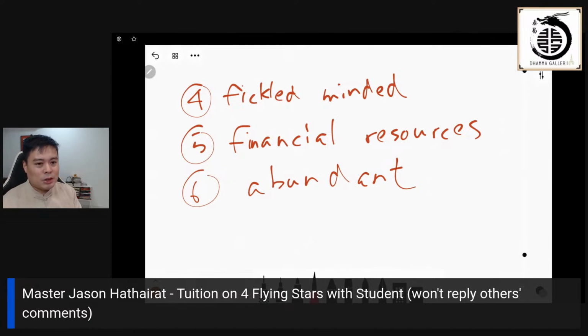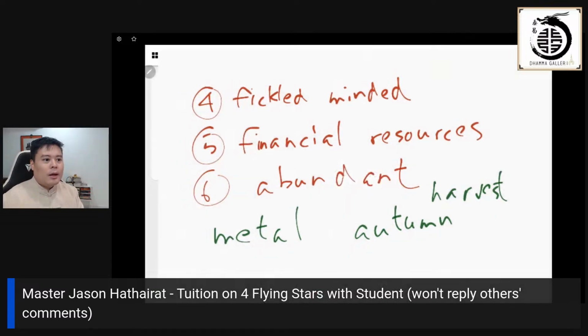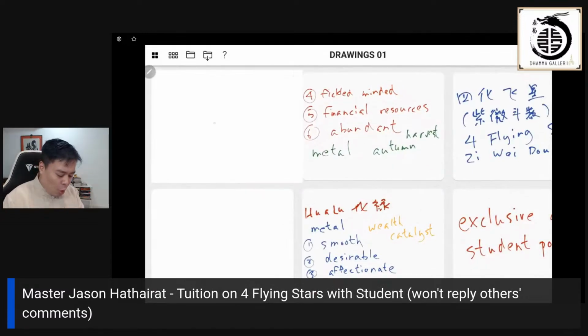So generally speaking, 化禄 is a rather positive energy. It is represented by the metal element because that is autumn, and it is often a season for harvest. So it indicates wealth. Just a quick run through. Next, we have 化权.